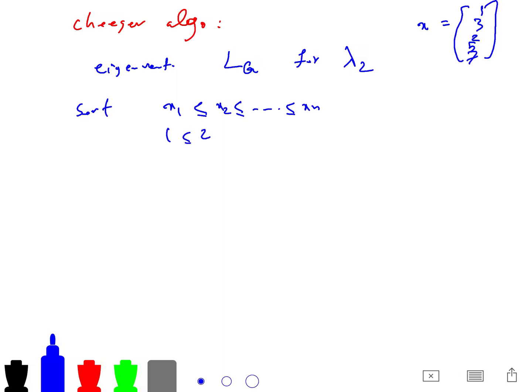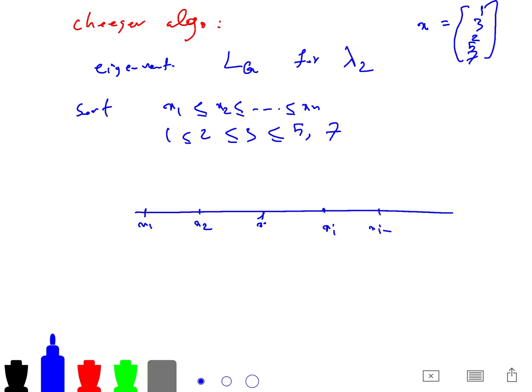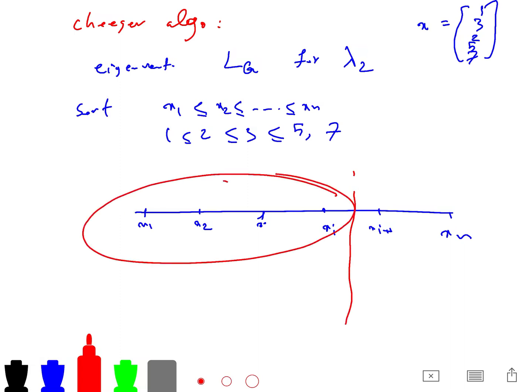For example, here 1, 2, 3, 5, 7, and so x_1, x_2, x_3, x_{i+1}, x_n. And suddenly you say, okay, from here I want to say that this is the cluster S_i and this is the cluster S_i complement.